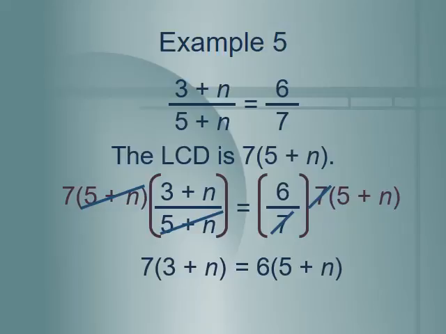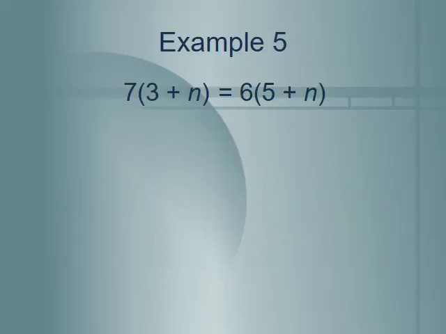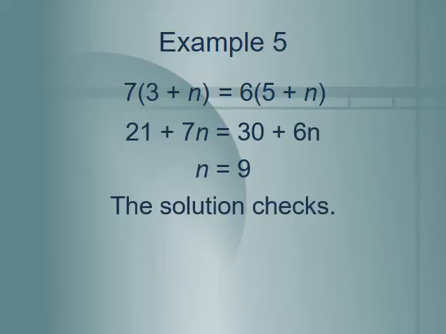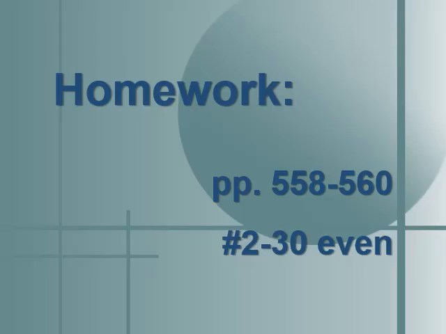And we end up with 7 times 3 plus n equals 6 times 5 plus n. We're going to distribute our numbers and combine like terms. When we combine everything and we solve it, we get n equals 9. Whenever we put 9 back into the original problem, it works out.